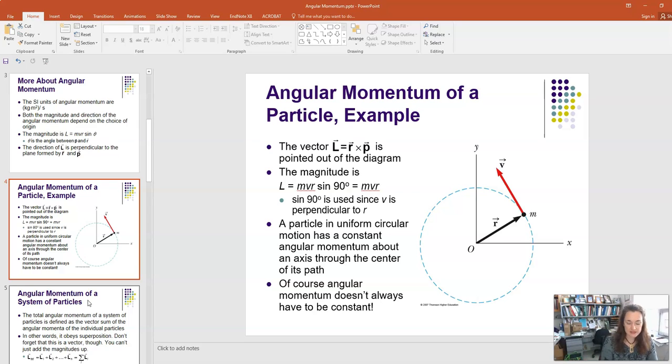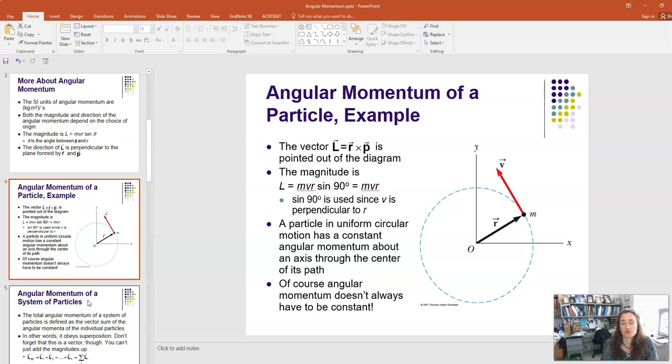And then the momentum of that object is always going to be perpendicular to the position vector if it's in a circular orbit. That's because the radius and the tangent to the circle are always going to be perpendicular. And so that means that the angle in between your position and your momentum vector is 90 degrees, and the sine of 90 degrees is 1.